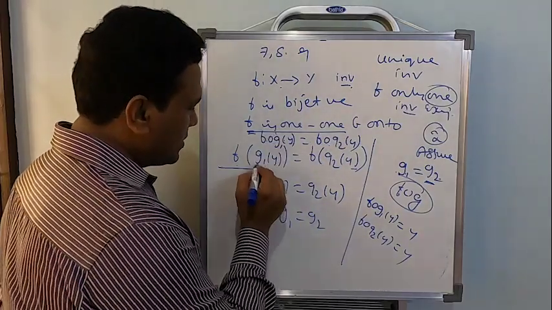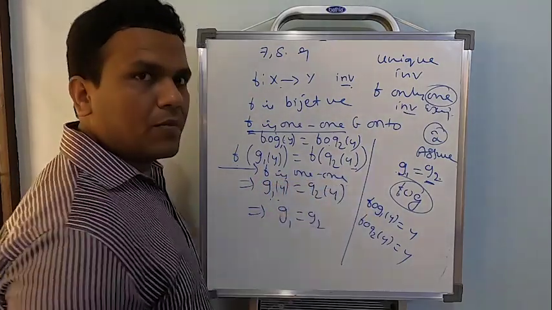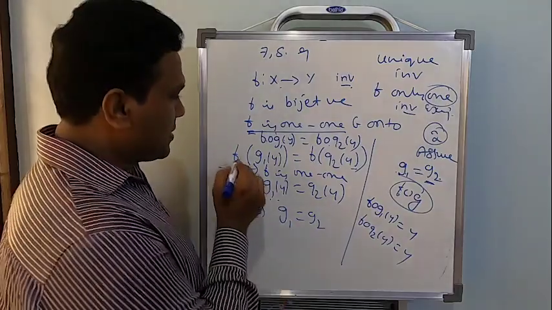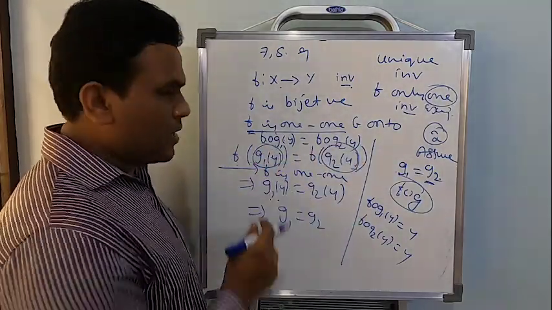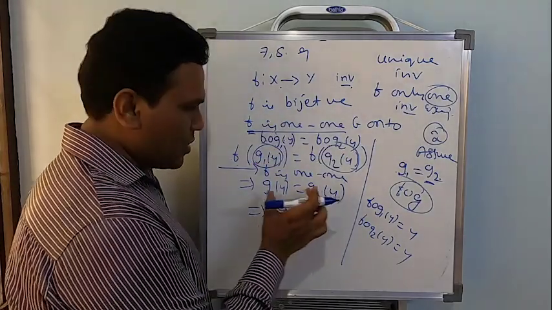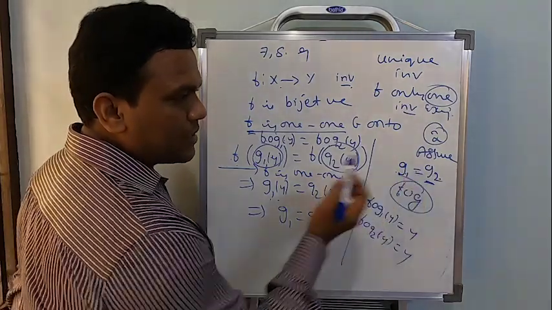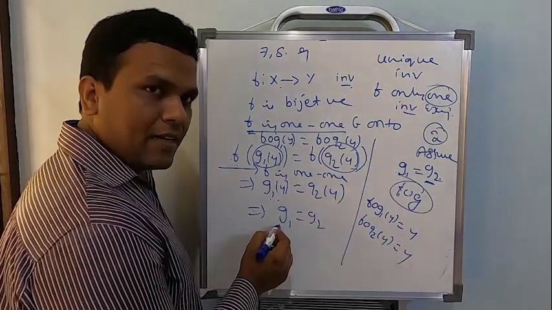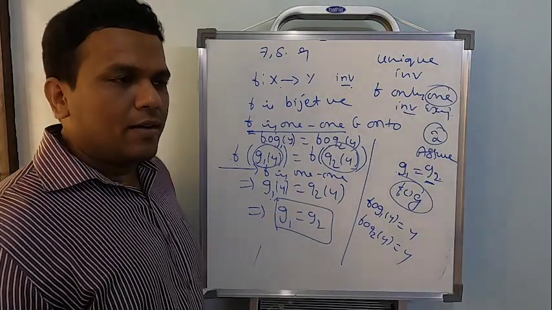I got this because f is 1, 1. If it is 1, 1 means what? This is something like f of x1. This is something like f of x2. If f of x1 equals f of x2, then x1 should be equal to x2. So finally I got g1 equal to g2. I assumed there exist two different inverses and landed up with both being equal. This is what we needed.